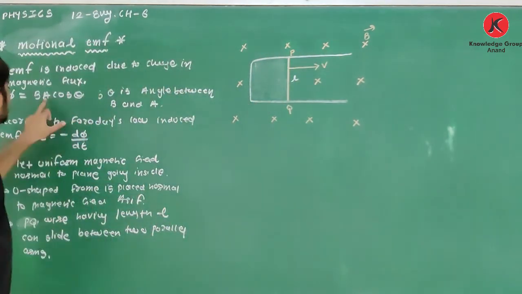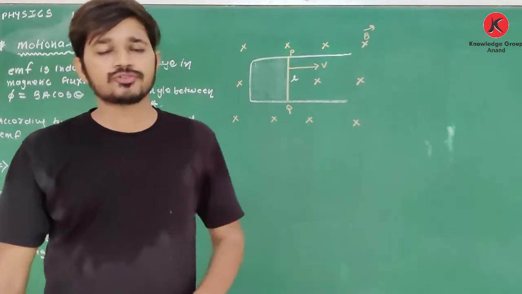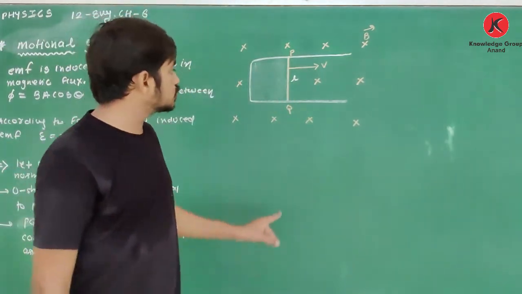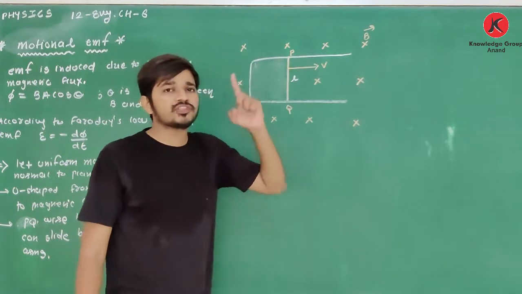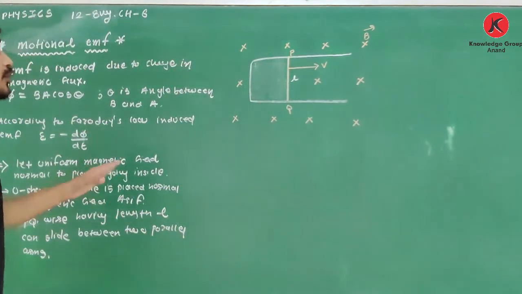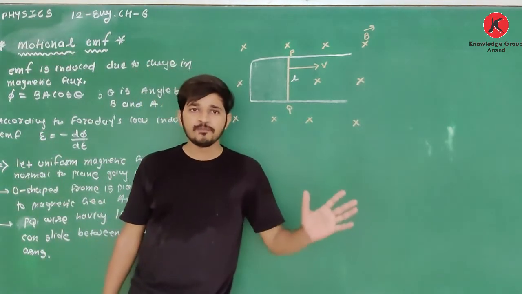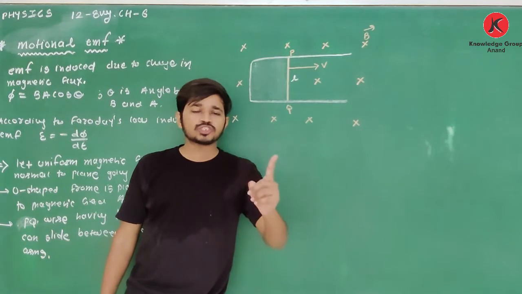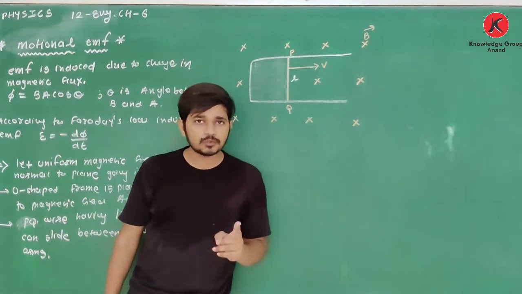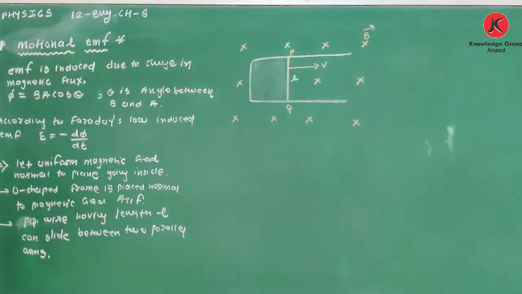As there is change in area, there is change in flux, and according to Faraday's law, EMF is induced. This EMF is induced due to motion of the wire PQ. Hence it is named motional EMF. Clear about this?